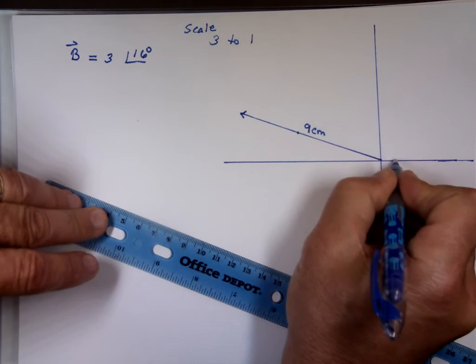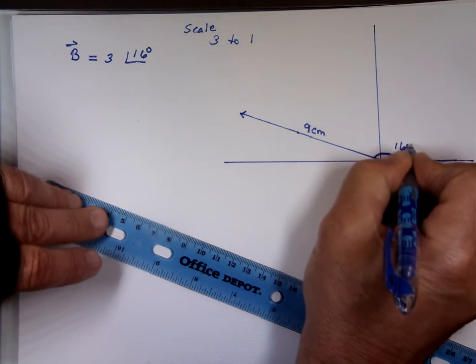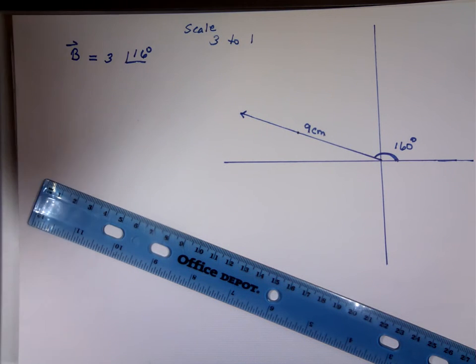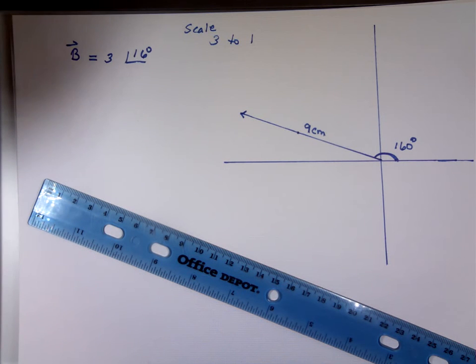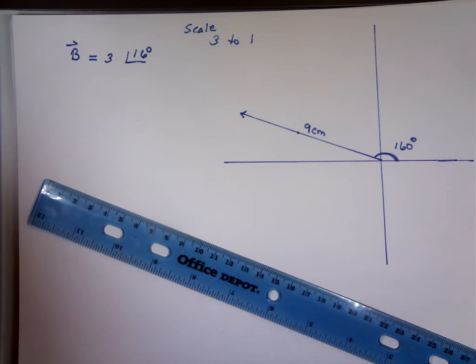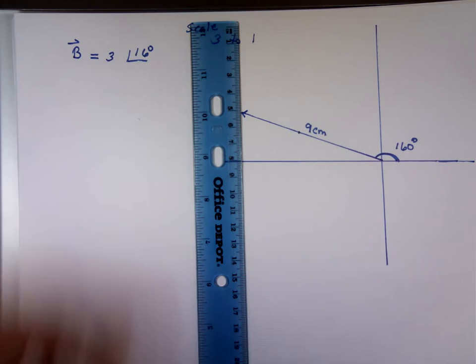The scale here, this angle is 160. Now I'm going to find the x and the y component. So here's that x component and the y component.